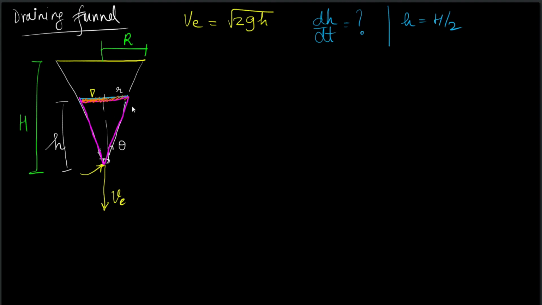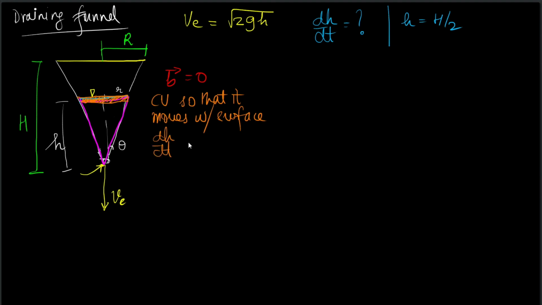So for this particular control volume, over all the pink lines, B will be equal to 0. But we choose the control volume so that it moves with the surface. Meaning that the velocity of the water at the surface will be equal to dh/dt, and this is going to be the velocity of this control volume also.